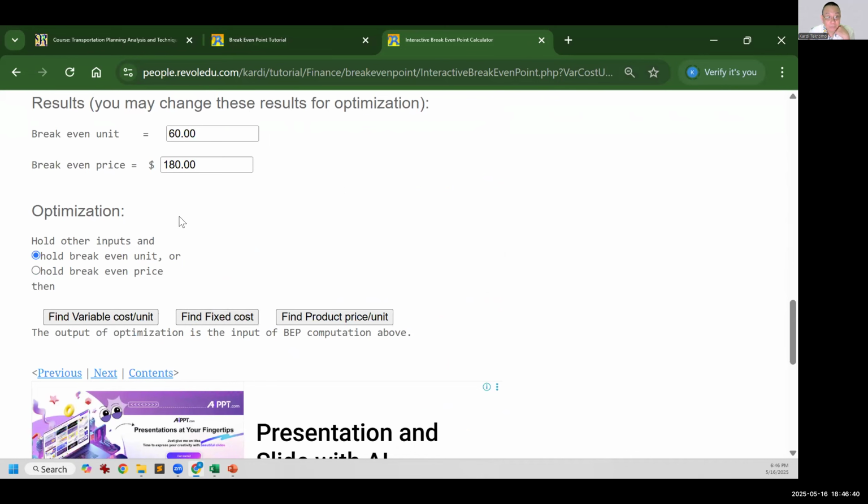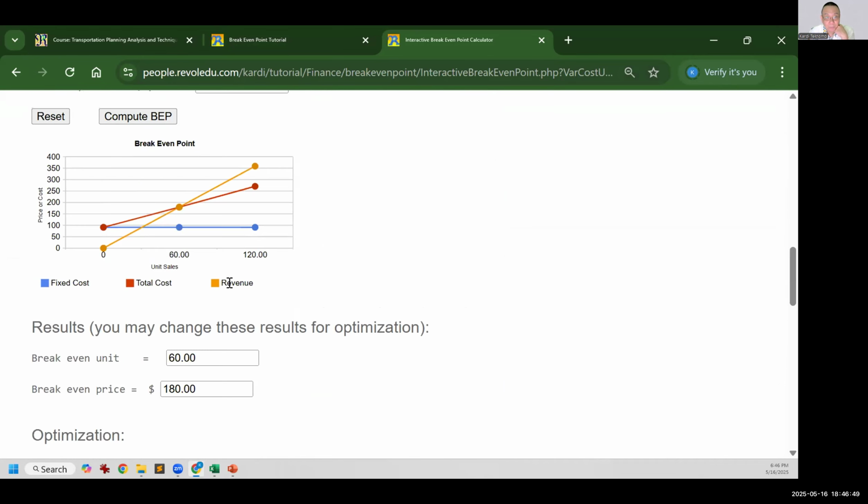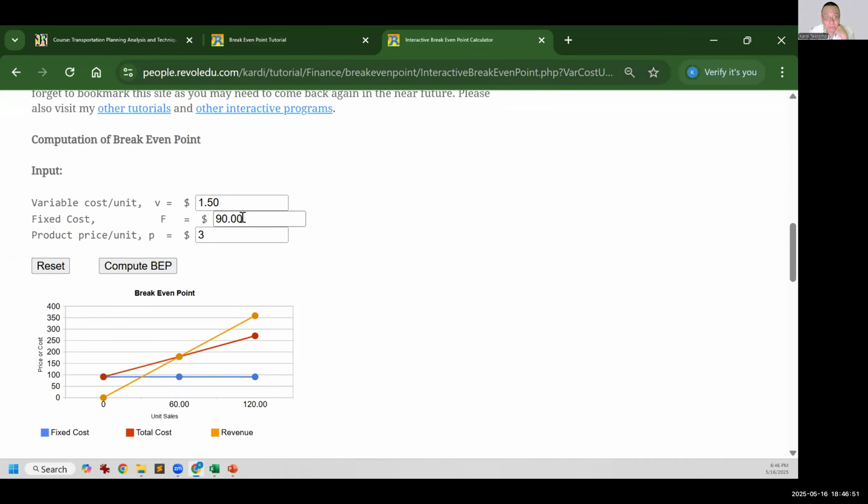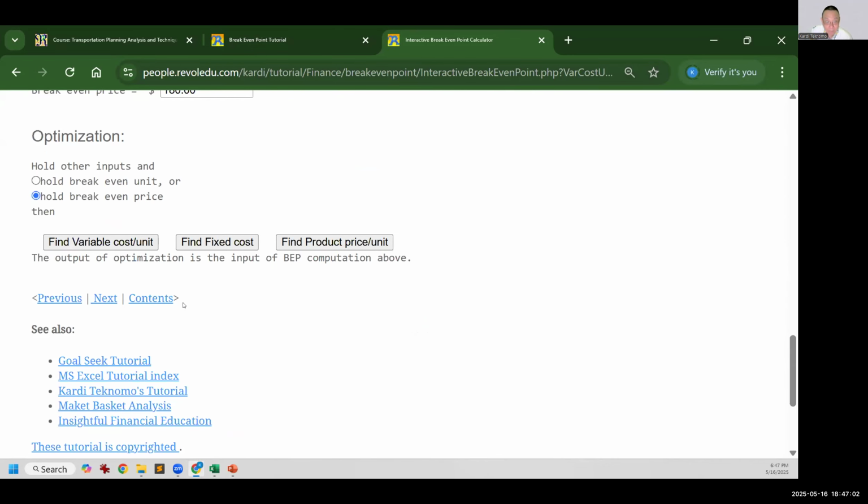You can change the input or hold certain values. For example, you want to find the fixed cost based on different values here. You can change this one, and then you can get the other value. Or you can find the product price by unit variable cost and so on.